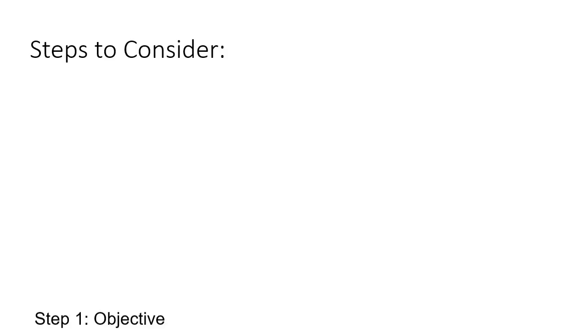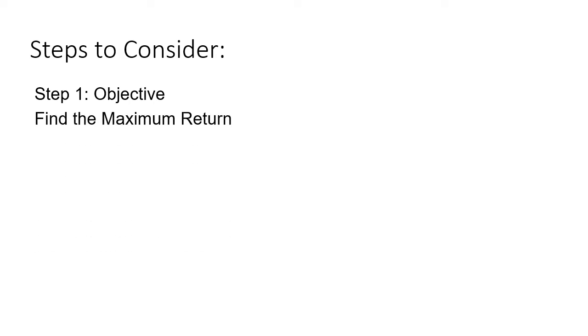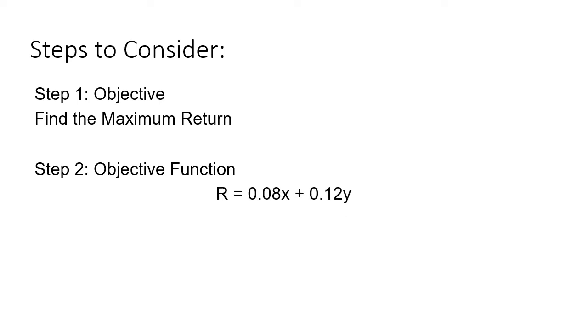Steps to consider. Step 1, we are to identify the objective. The objective is to find the maximum return for the couple. Step 2 is to list the objective function, which is simply this equation: return is equal to 0.08x plus 0.12y.